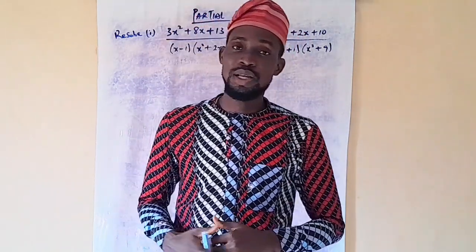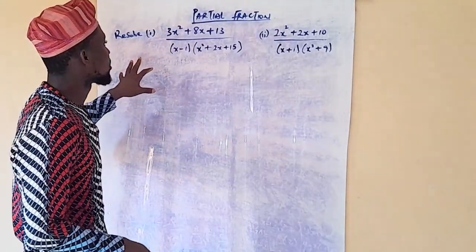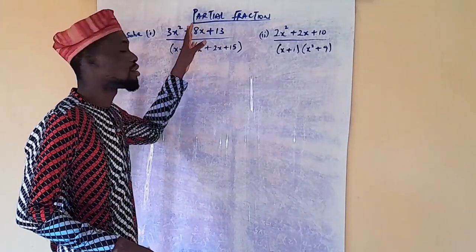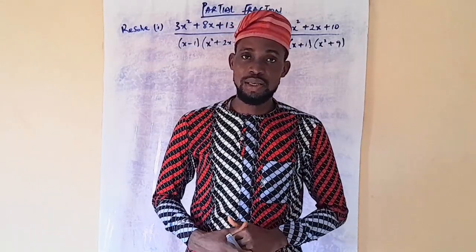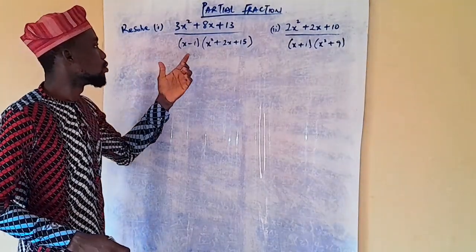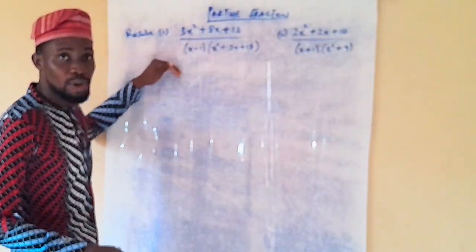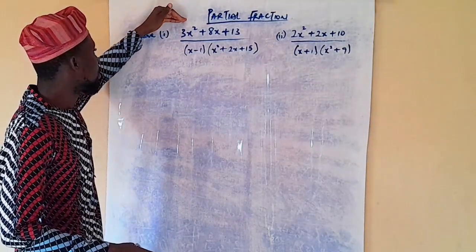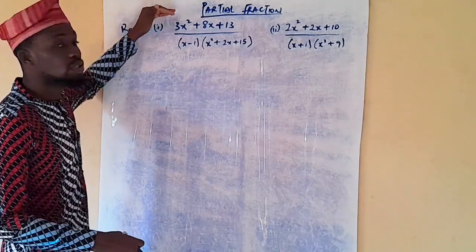Today we're looking at the continuation and the last part of our last topic under the partial fraction series. From what we've done so far, we have one where the numerator's power was less than the denominator's, one where it was greater, and one where it was the same.